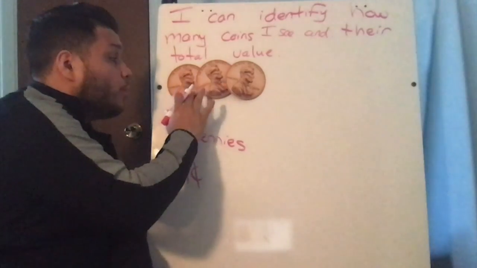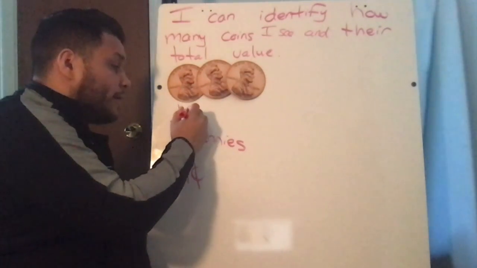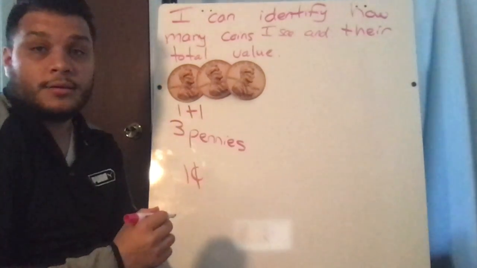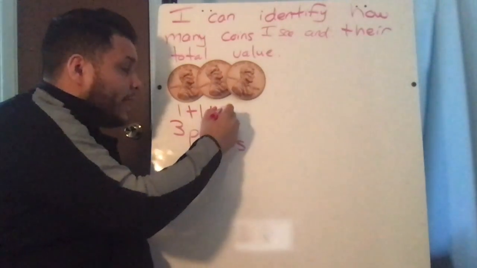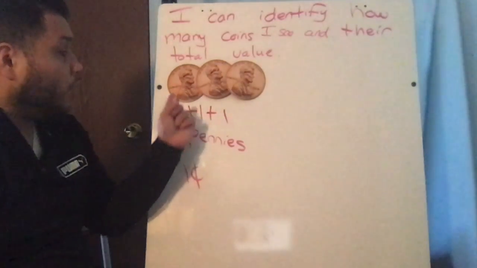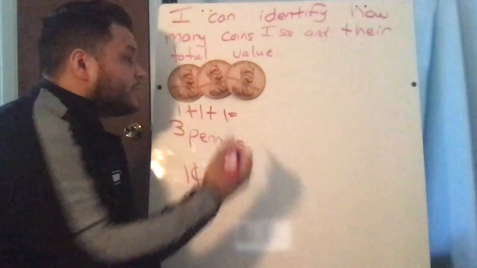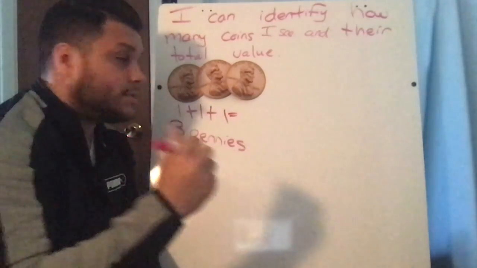So if 1 penny is worth 1 cent and I add 1 more penny, I'm going to add 1 plus 1. But because I have another penny, I have to do another addition. So I have 1 plus 1 plus 1. And what does that equal? Well, I know that each of my pennies are equal to 1 single cube.